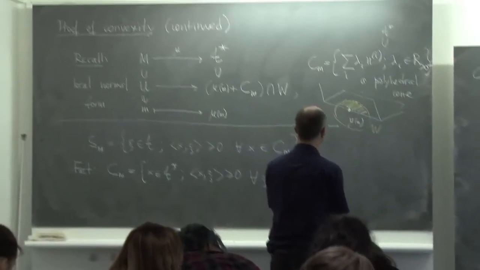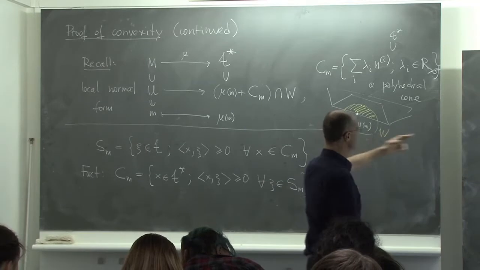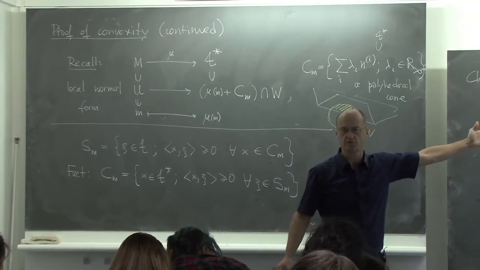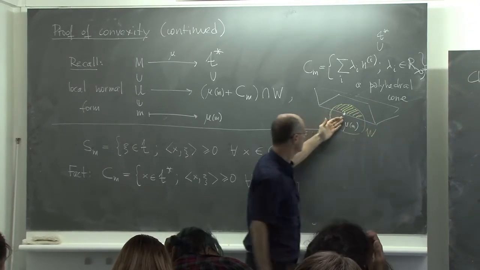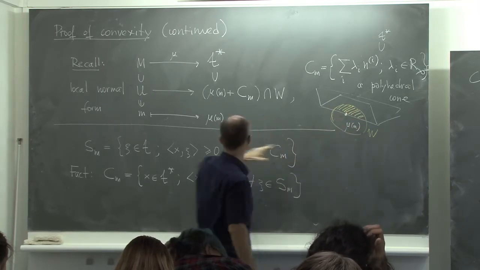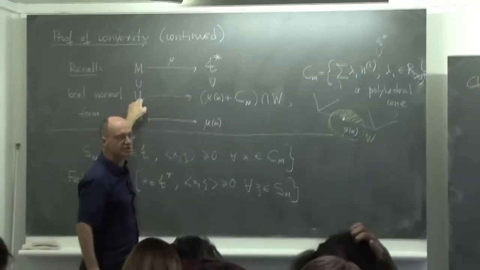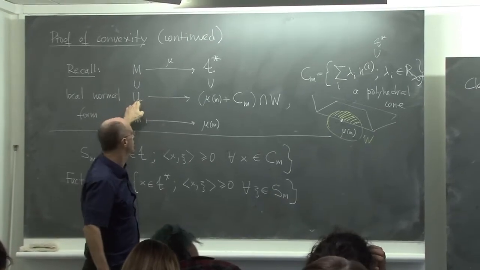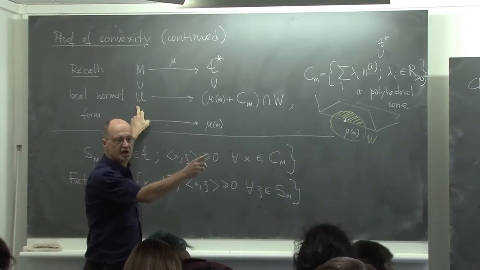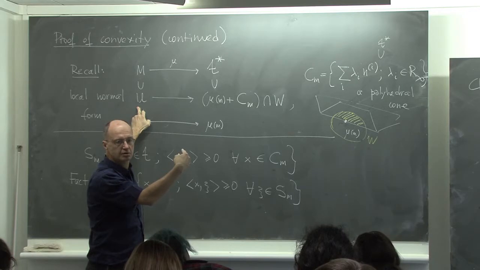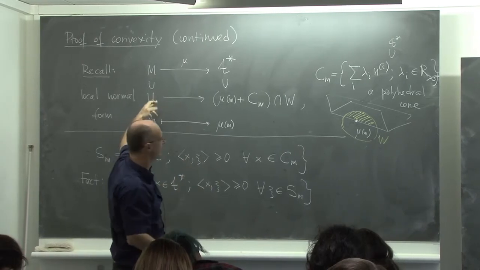I think this is more or less obvious, right? Local minimum, what does it mean? This means that on this neighborhood U, the minimum value of mu psi should be at m.